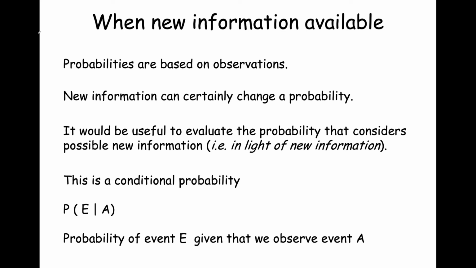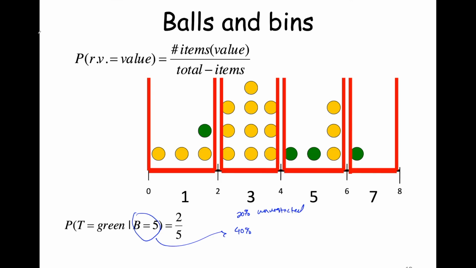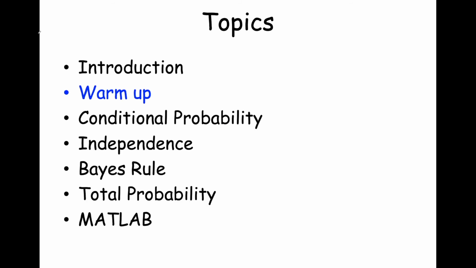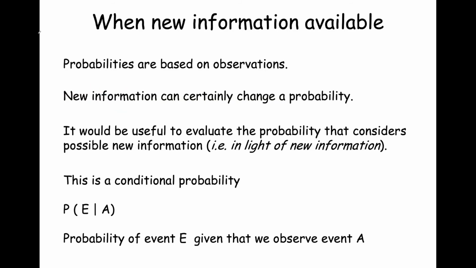Because in the previous slide, we had colors, and we had another aspect of observation called the bin label. Now, if we knew a piece of information about the color or the bin label, that's going to change our universe of consideration. That is new information.